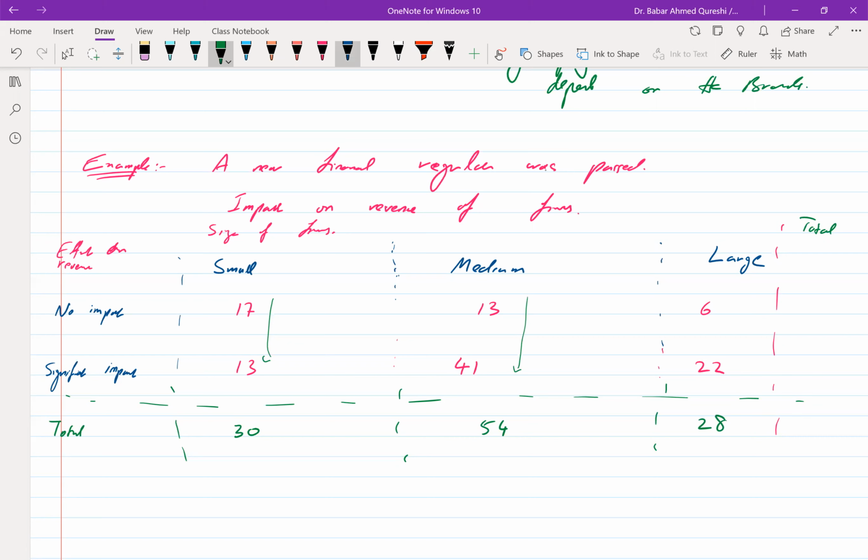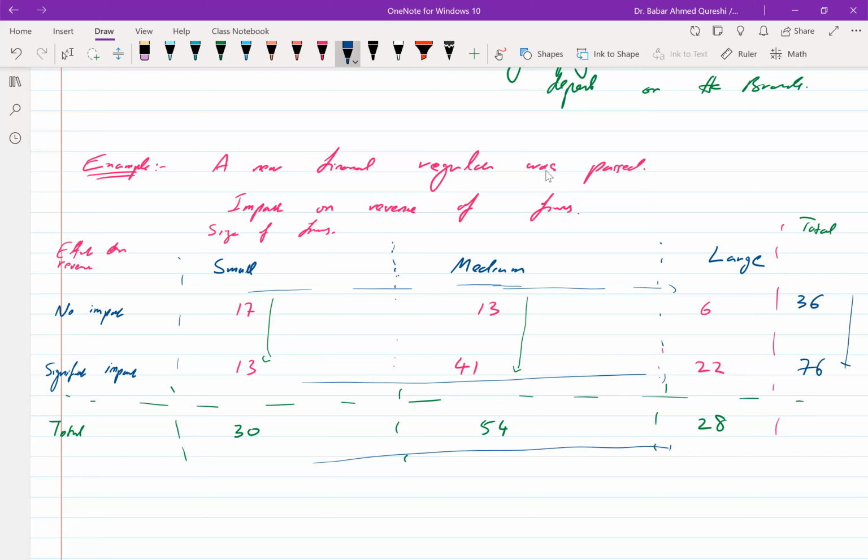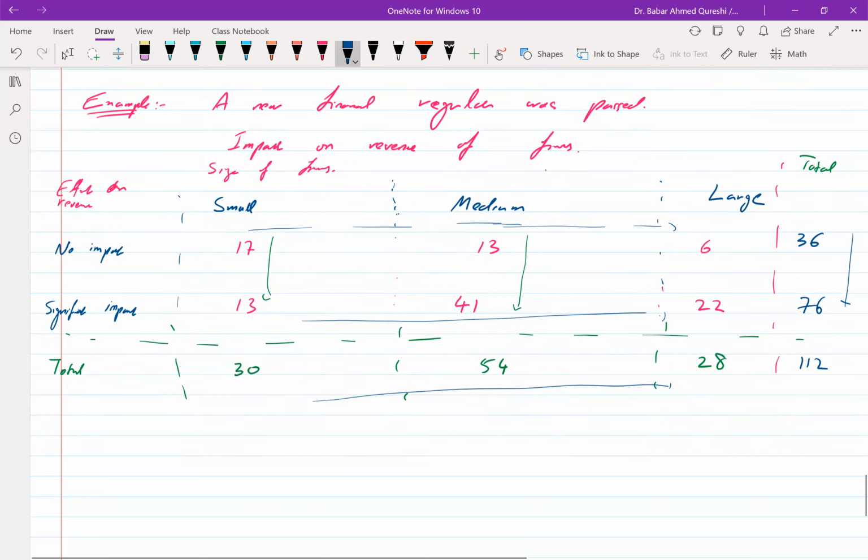On the other hand, when I sum the other way, it tells me 36 firms had no impact, while when I add these, I find 76 firms had significant impact. And if I add in either direction, I get the same number, because that's the total number of firms studied, 112. Again, these are the observed values.